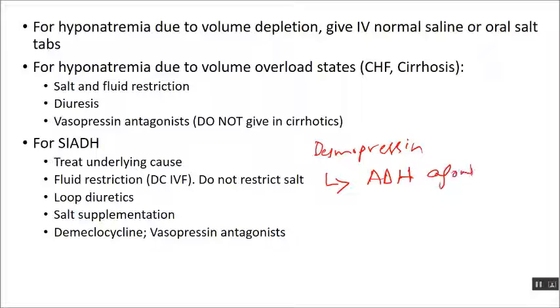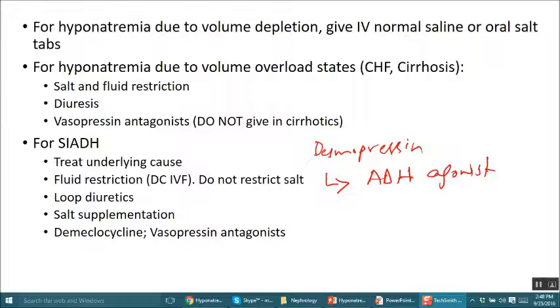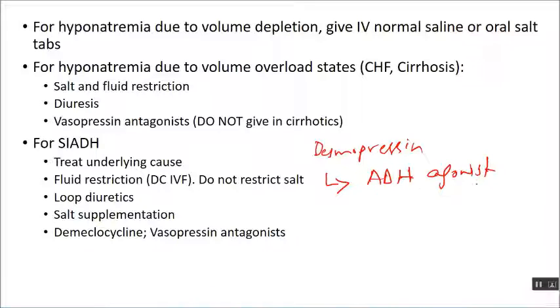agonist. And as an ADH agonist, it causes free water retention and hyponatremia.